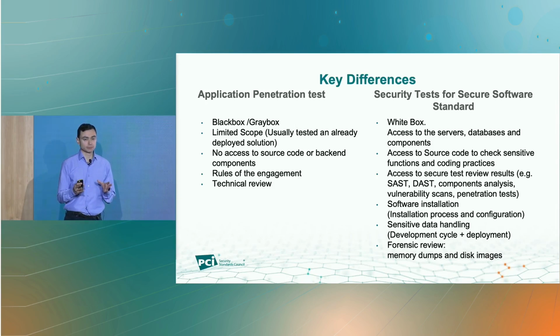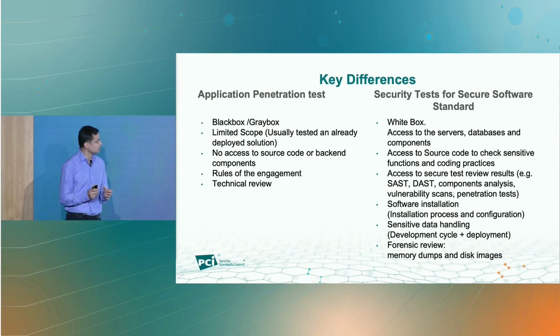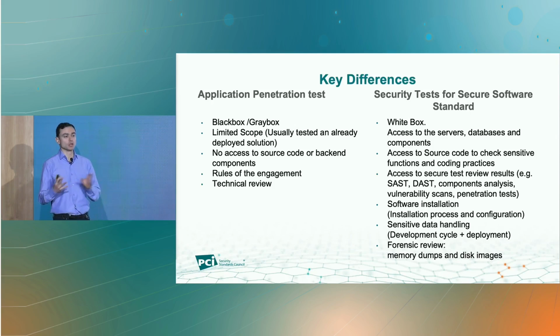Also, in this kind of test, the assessor will need to have access to dynamic or static interaction with the application, so checking the results of DAST or SAST reports may be necessary. Also, checking reports of vulnerability scans, or previous application or infrastructure penetration test reports, is definitely necessary.